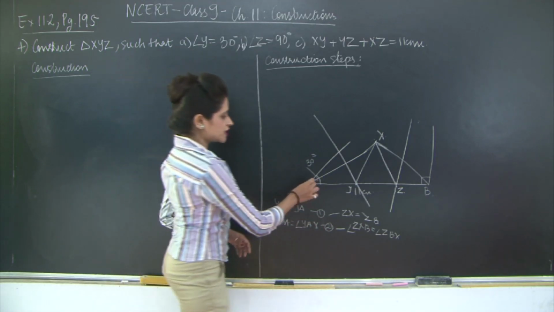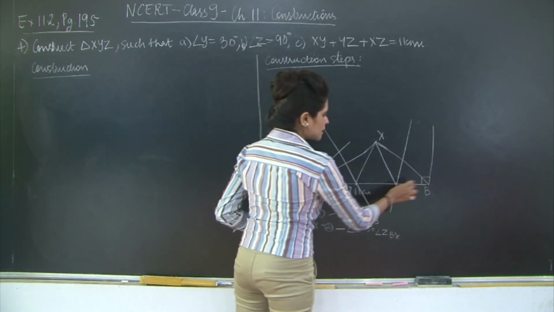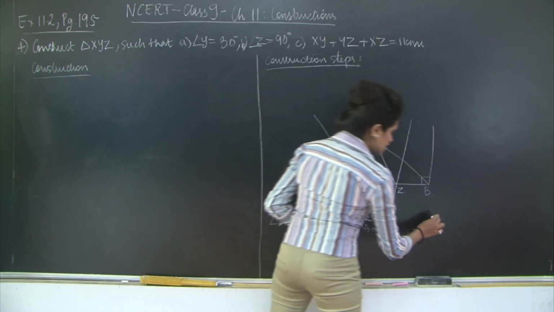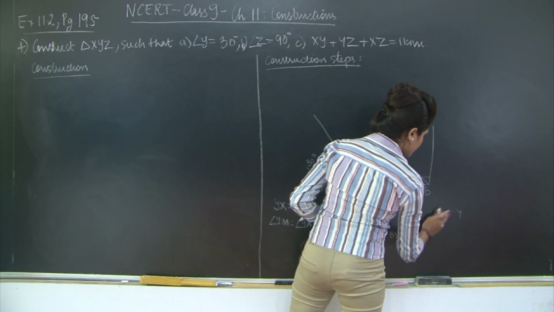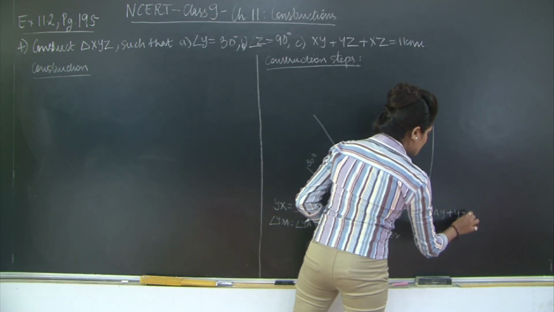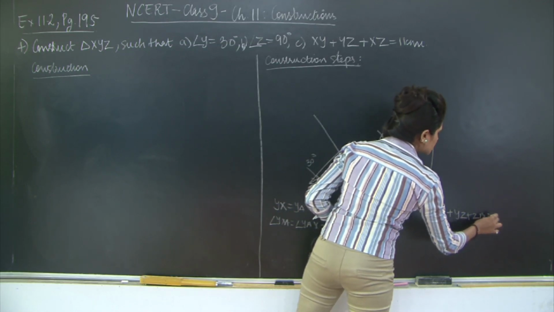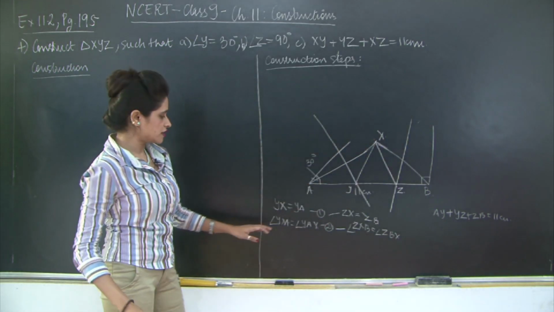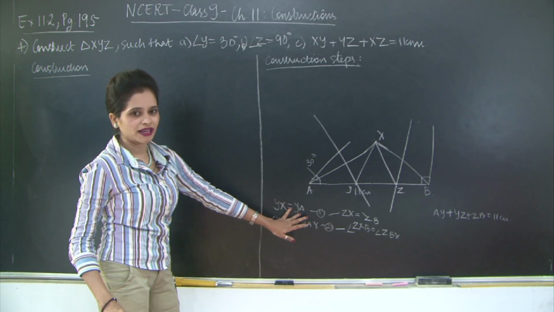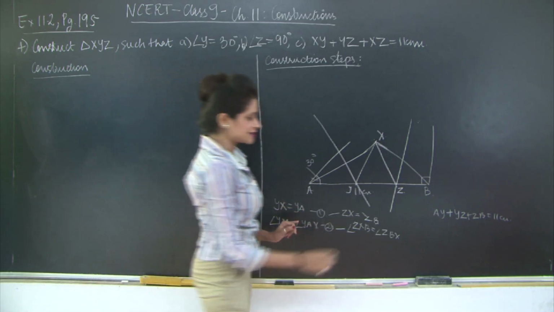Now if you see, AY plus YZ plus ZB is 11 centimeters according to the construction. So I have AY plus YZ plus ZB is equal to 11 centimeters. But AY is equal to what? AY is the same as YA, it is equal to YX.